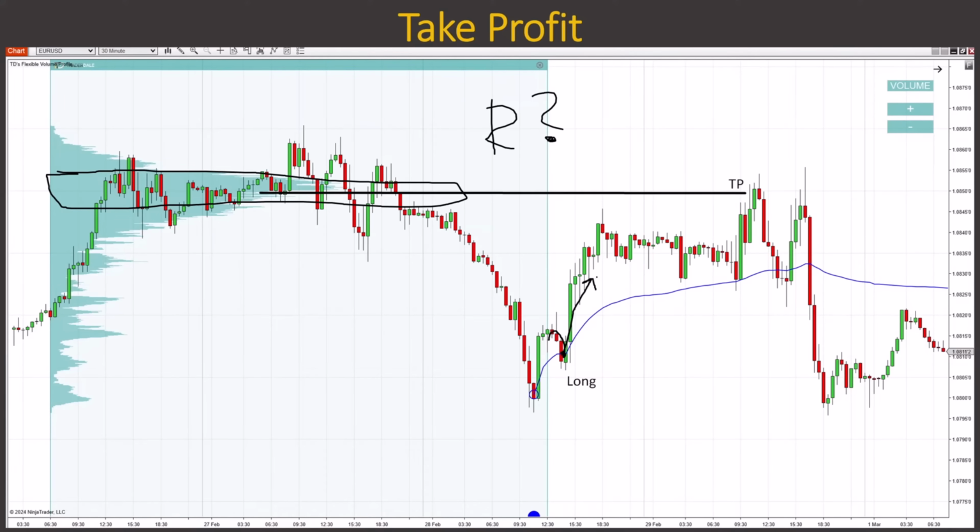So that's why you want to take profit here before the price reaches this resistance. In this example, it would be best to quit a little bit before that, just to make sure, right?